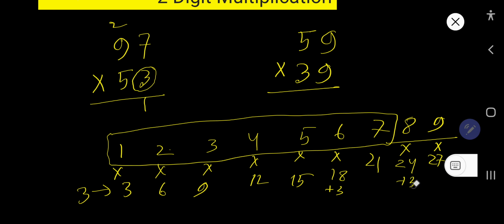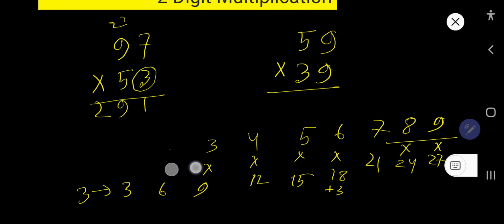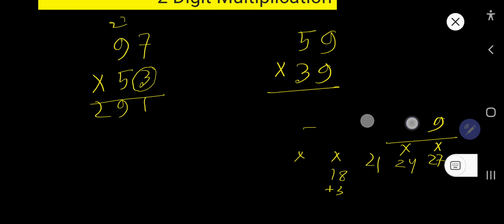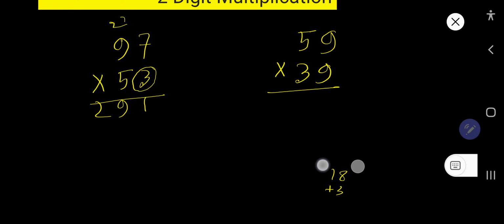That is 3 times 9, 27. 27 here, add 2, 29. So this is 29. I think you have understood how to proceed with two-digit multiplication step by step.